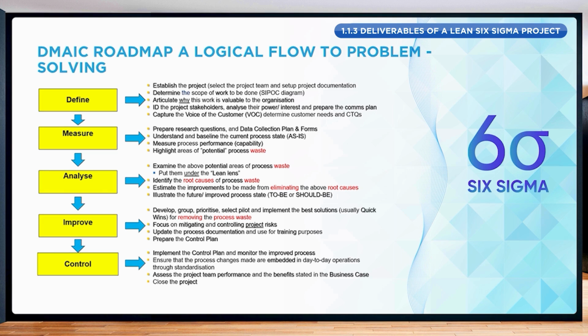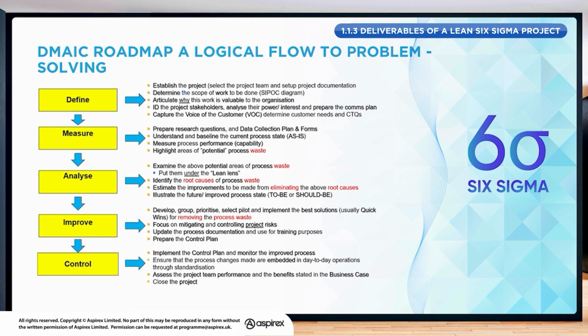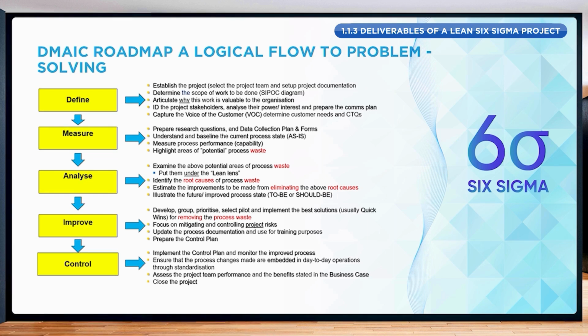And based on this set of questions, we create the so-called data collection plan. The data collection plan is a control document that describes all the different types of data that has to be collected, who is going to collect the data, at which frequency, etc. All the details associated with data collection.